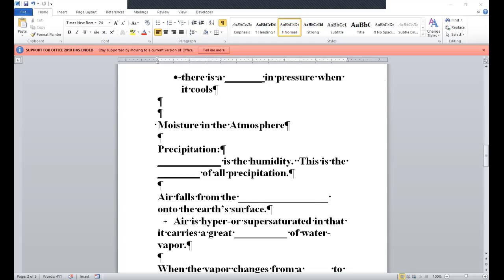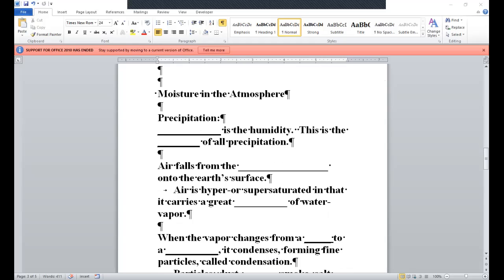Start getting into moisture in the atmosphere now. So air contains water vapor, which is the source of all of the precipitation that we know and love, right?